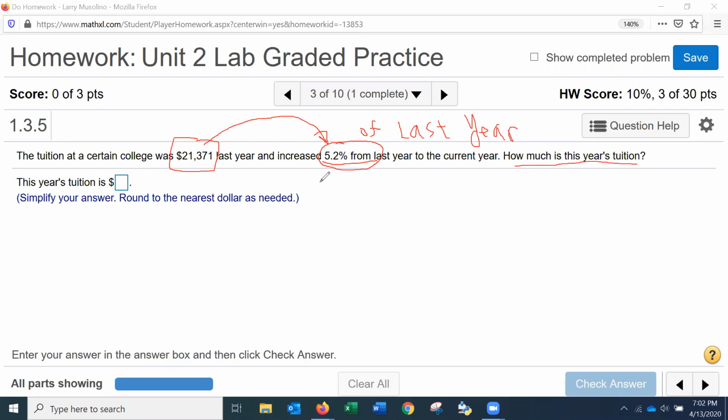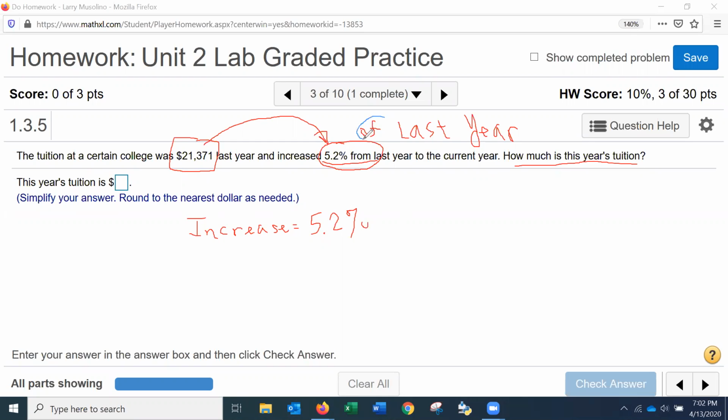So let me work this out. Now, I'm going to write down 5.2%. And what I want to calculate now is the increase amount. So this is how much the tuition has gone up. They're telling me that it went up by 5.2%, but I know that means 5.2% of last year's tuition.